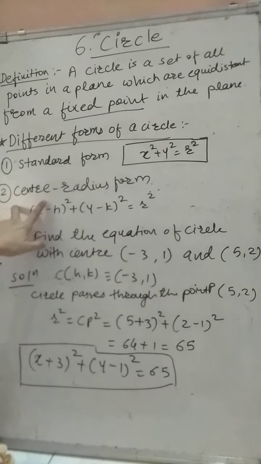We use the center radius form here. So these are the important forms. We mostly use these forms for finding the equation of circle: the standard form and the center radius form. So in the next lecture we will learn the remaining forms and the general equation of circle. Thank you.